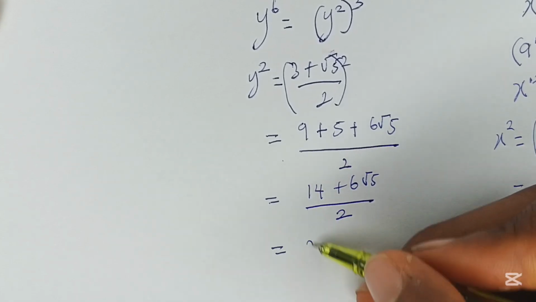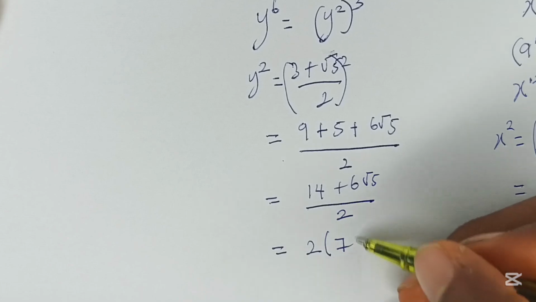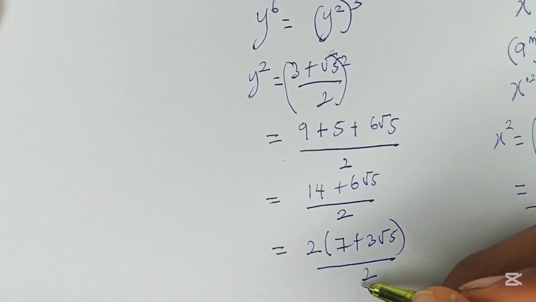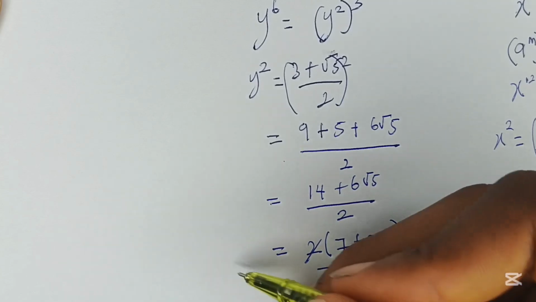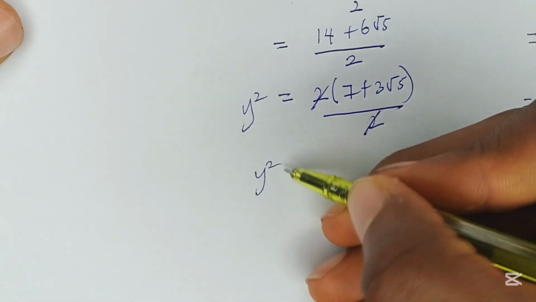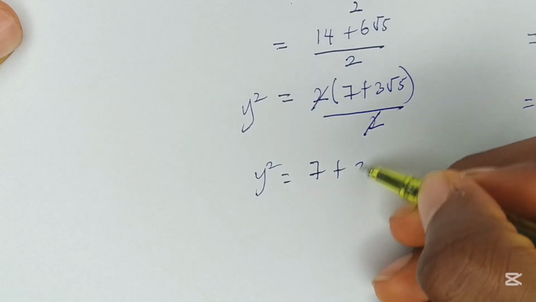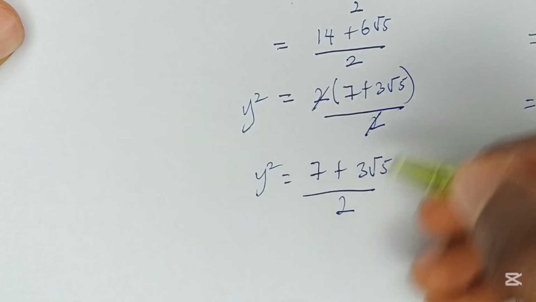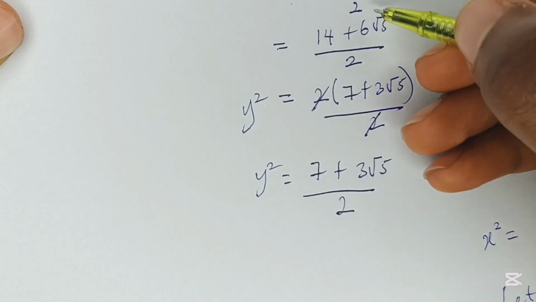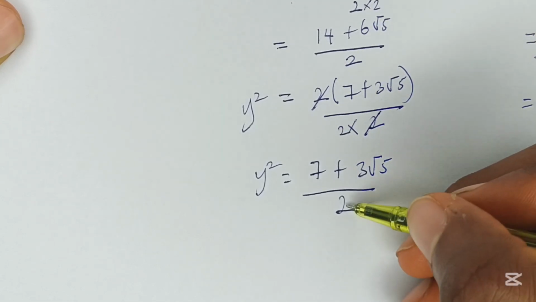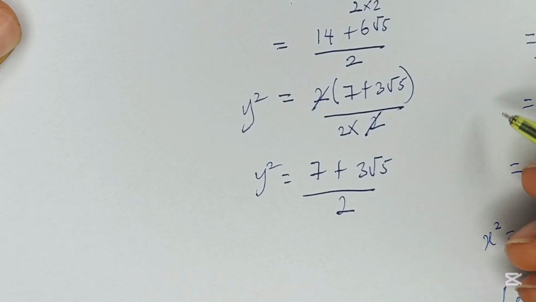This is equal to 2 into (7 plus 3 root 5) all over 2, 2 strikes 2. So our y squared is now equal to (7 plus 3 root 5) all over 2, sorry, this is 2, because what you had here is 2 squared, which is 2 times 2, and we had 2 times 2, and then you have 2 left here. Sorry for the mistake.